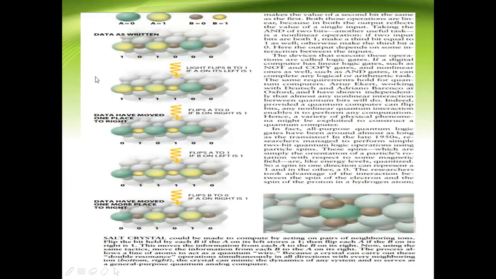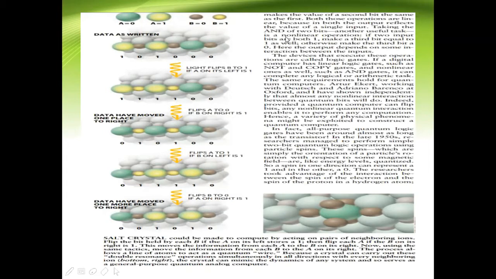So here you see the data written makes the value of a second bit the same as the first bit. Both those operations are linear because in both the output reflects the value of a single input.